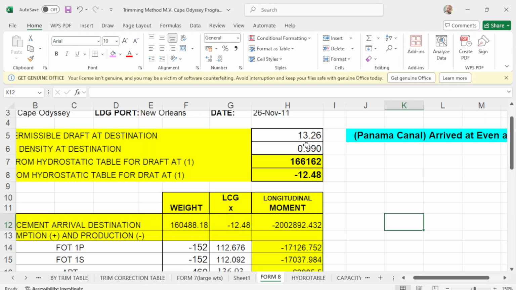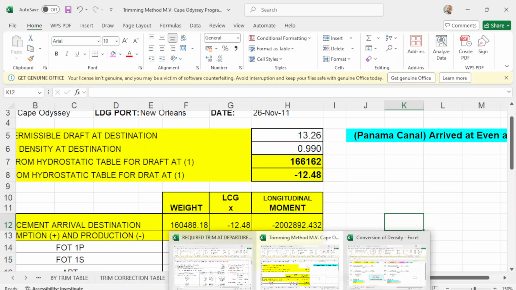Take note, guys, that this displacement is when the vessel is floating at a density of 0.990 at a draft of 13.26. So that is your displacement. Since this is your dock water displacement, we will convert this to salt water, and I have this Excel form.